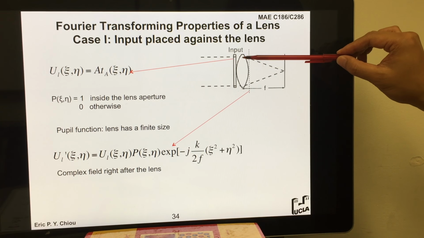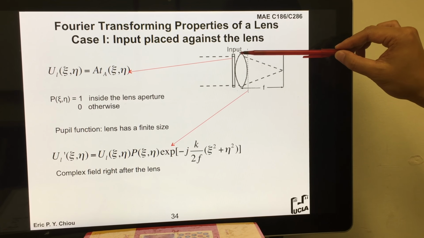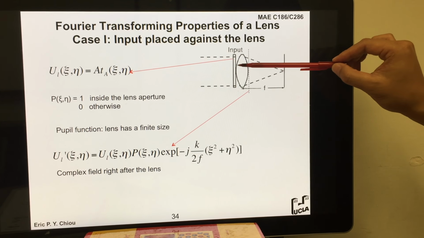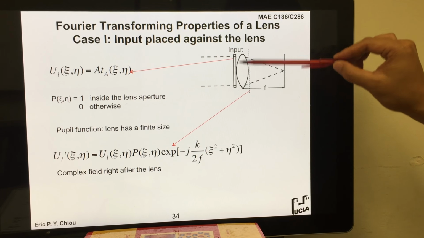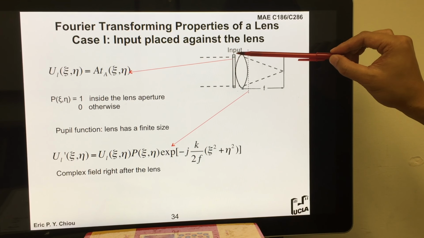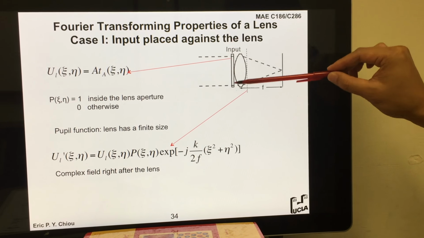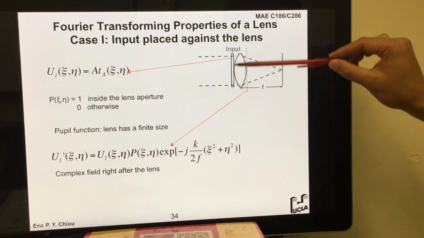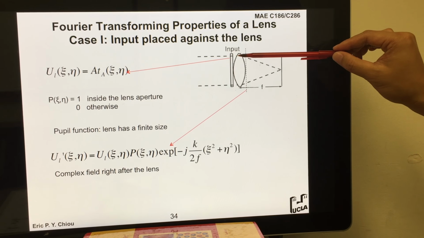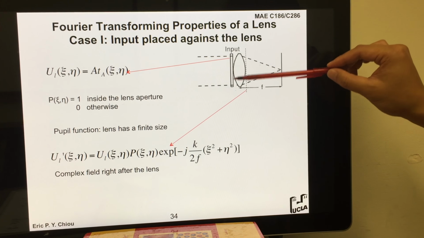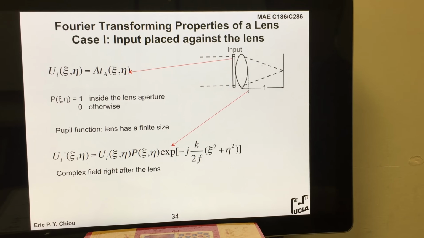Assuming that I have a thin lens. Thin lens means the thickness of the lens can be neglected. It's very thin. So you put your image plane, object plane, right in front of this, almost touching the front surface of this lens.